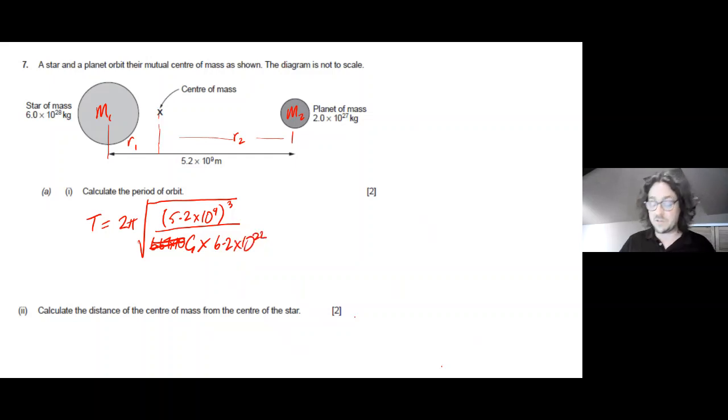Anyway, if you put that all together, you end up with 1.16 times 10 to the 6 seconds.